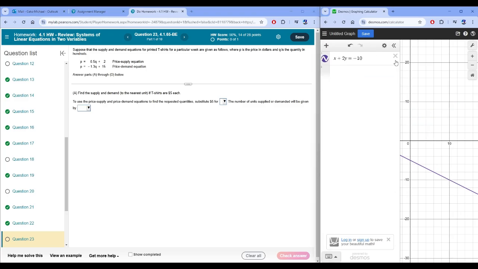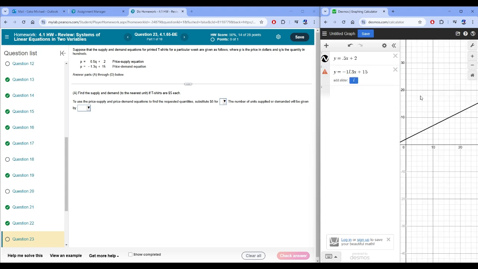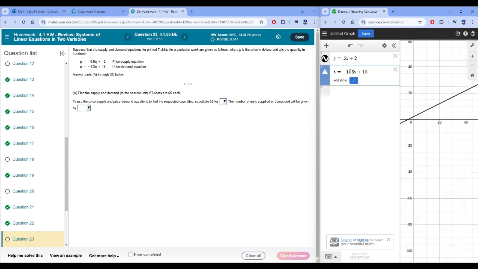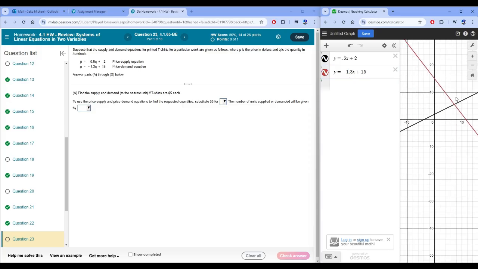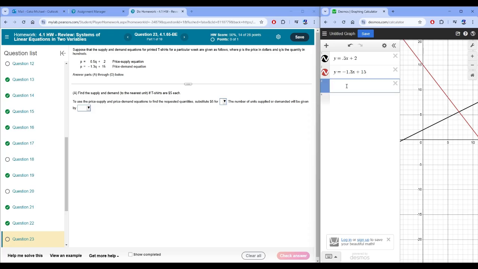So what I'm going to do is go here and say y equals 0.5x plus 2, and then I'm also going to say that y equals negative 1.3x plus 15.